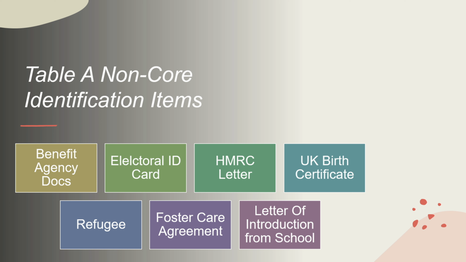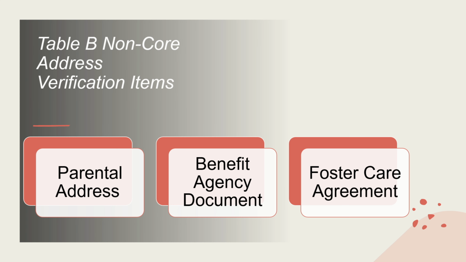Then we'll move to Table B, non-core address verification. If you're 21 or younger and still living at your parents' address, you can use one of their letters or one of their bank statements, or again benefit agency documents, or again foster care agreements.